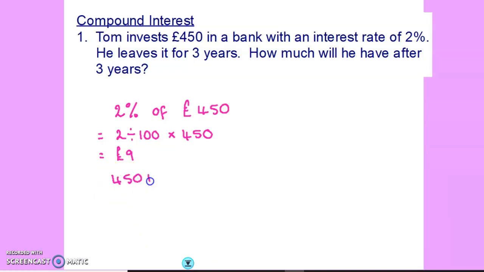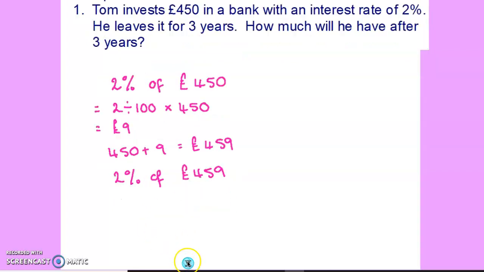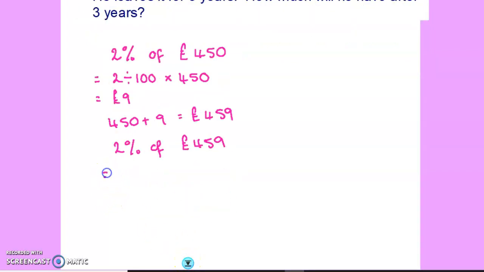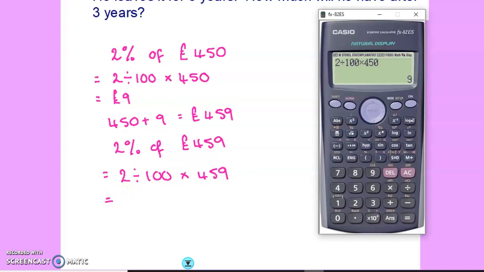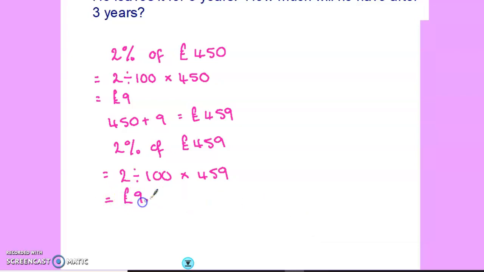That means at the start of the second year we have £459 in the bank. So 2% of £459: we do 2 divided by 100 times 459, which is £9.18.